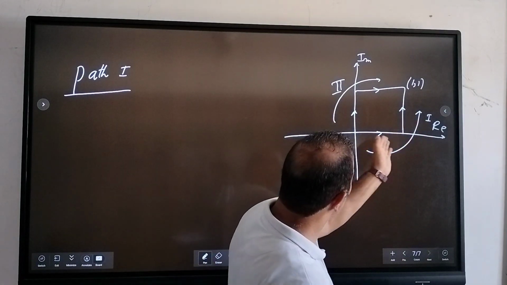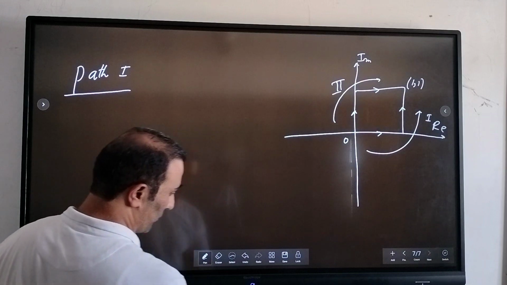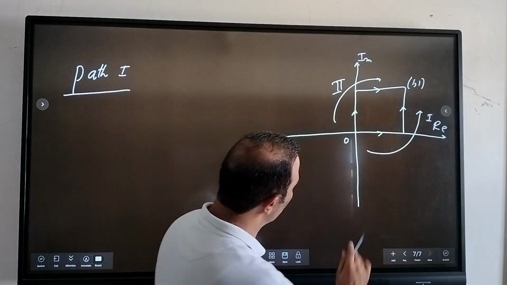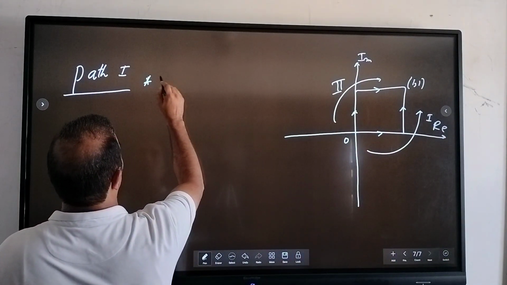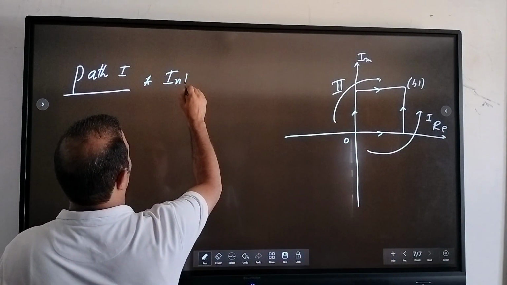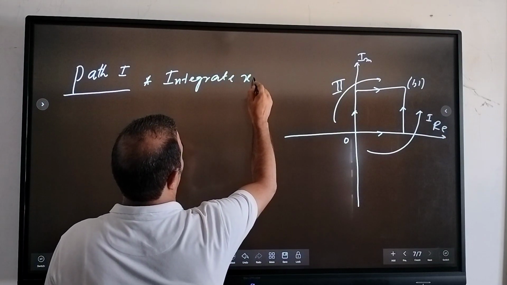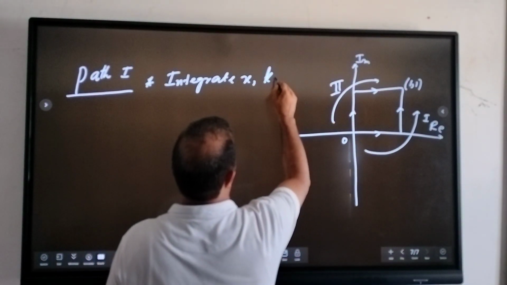This is our path first, and this is our path second. In path first, we need to integrate x, keeping y equal to 0. Because when you choose path first, we need to integrate x, keeping y equal to 0.